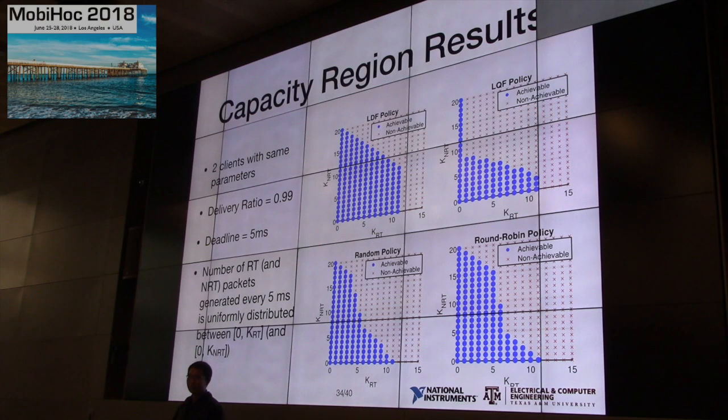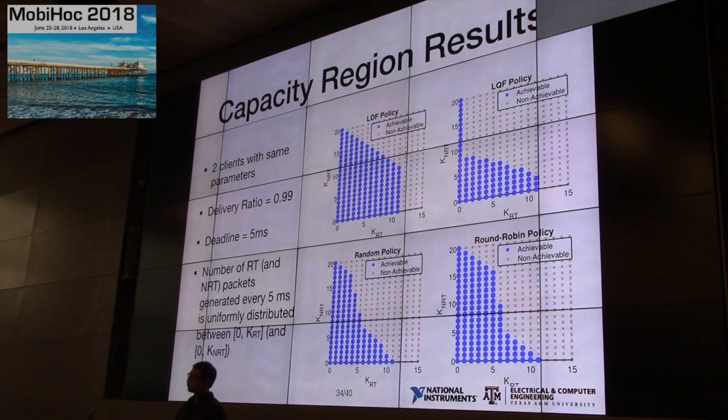Here we tested 4 different policies, and each of these points are real points and real experiments that we ran. And the key point here is not that one policy behaves better than the others, but that for this platform, you can actually run all these policies and see how each performs relative to the others. So our goal is not coming up with the best policy. Our goal is to take all the policies that people have already come up with and compare them against each other on a real system.